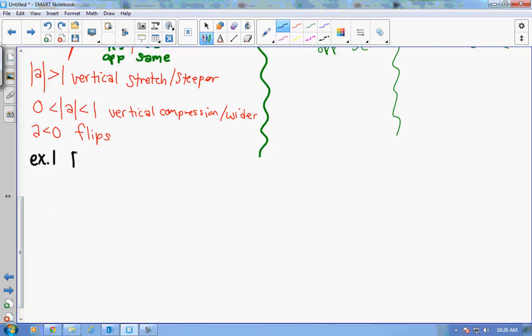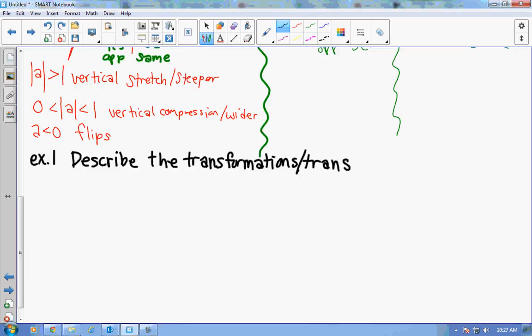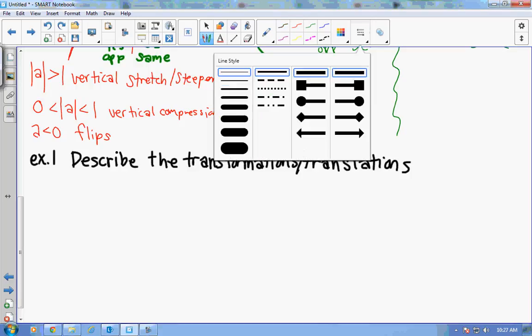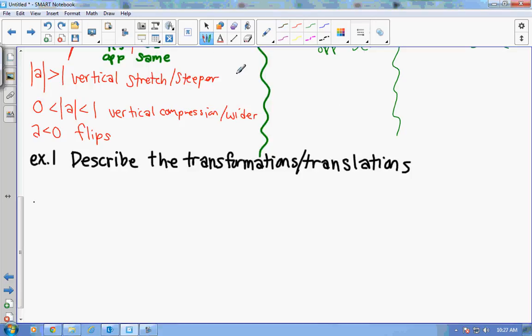Example 1. Describe the transformations and translations. So remember, translation is just a fancy word for the shifts. Transformation, it's transforming the arms, so the slopes are changing and it could flip.